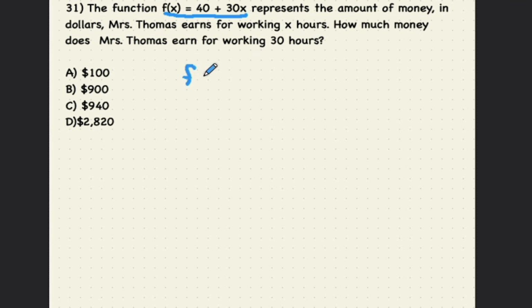So we have f of x, which is equal to 40 plus 30 times x. And I'm going to place x right inside the parentheses here. The reason I'm doing that is because Mrs. Thomas earns a certain amount in dollars for working x hours, so we have to replace x with the number of working hours.